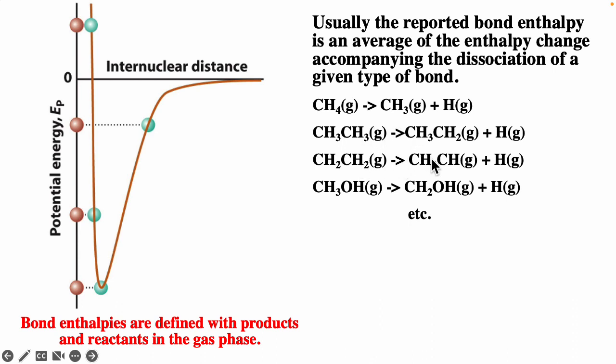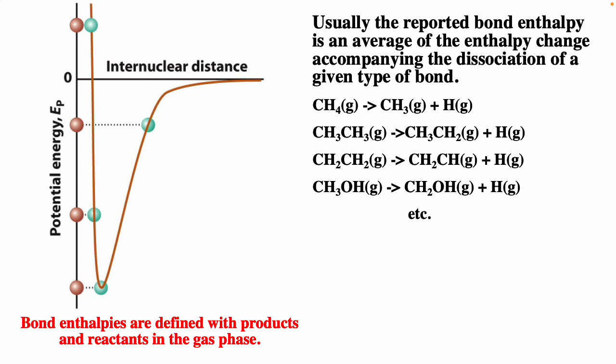Again, breaking the carbon-hydrogen bond. We take all these instances and take the average, and that will give us the average carbon-hydrogen bond enthalpy. One reason that calculating delta H using bond enthalpies may not be as accurate as we'd like is because a lot of the bond enthalpies correspond to averages.